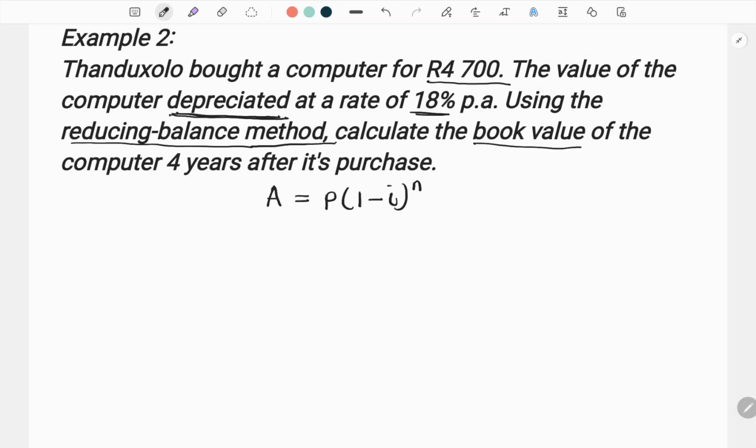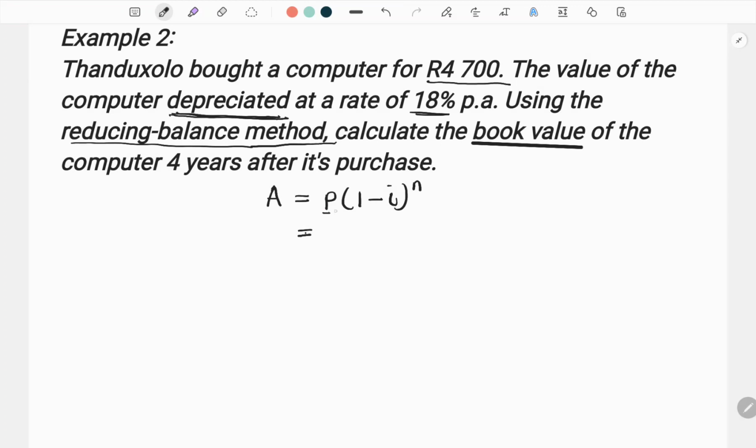Calculate the book value. It means the value of this computer after it has depreciated over a certain period of time. The book value, the depreciated amount. So they want A there.